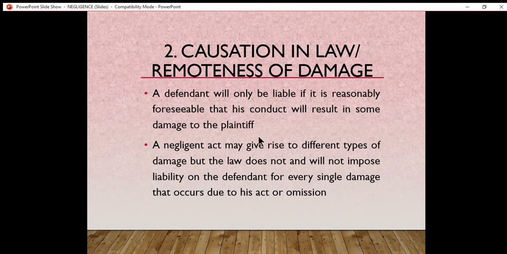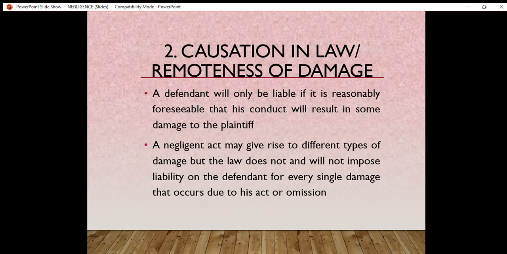Okay, in regards to the second point, causation in law or remoteness of damage. This is where the plaintiff is required to prove that the damage or injury is possible or predictable. Dia kena fulfill yang defendant foresee that damage tu akan terjadi.